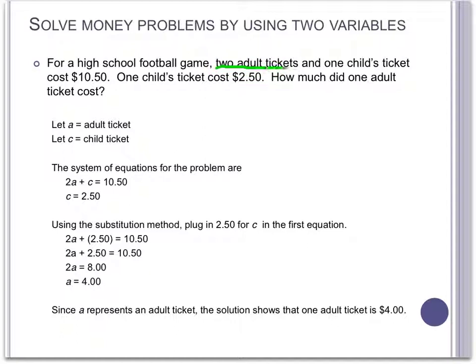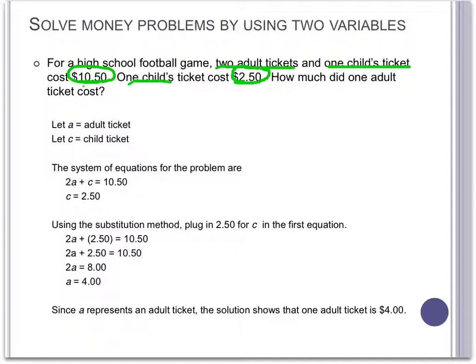We have 2 adult tickets and 1 child's ticket that cost $10.50. Then it also tells us that 1 child's ticket costs $2.50. It also states that they want us to find how much 1 adult ticket cost.